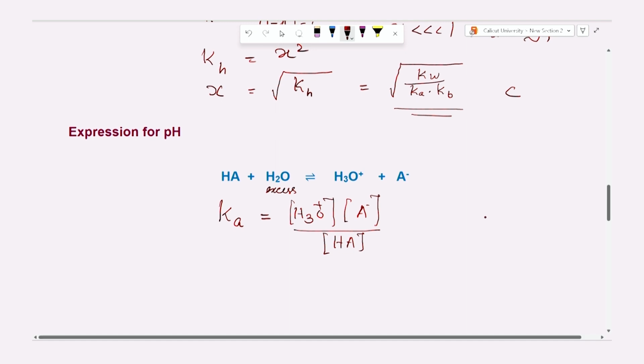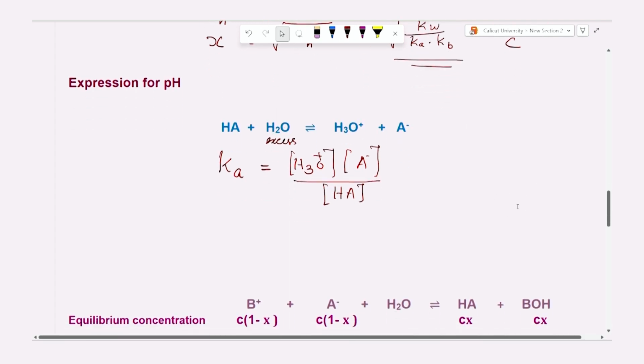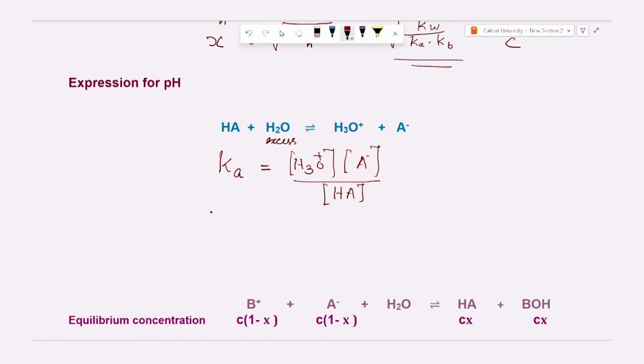Okay. Now, we are going to find an expression for pH, and therefore what I am going to do is take it in terms of H3O plus, that is, concentration of H3O plus is equal to, keep it here, the other two terms are taken to the other side.